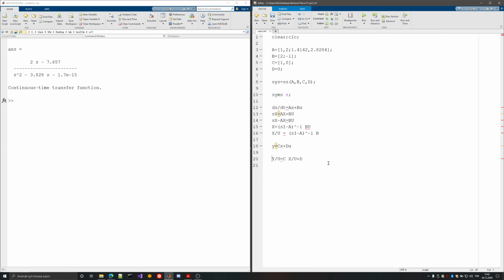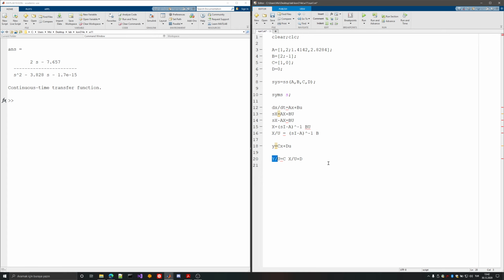This will be my equation because I've divided by u and I've taken the Laplace transform. Since there's nothing dynamic, this is a static equation, I can just get the capital representations, and this will be the Laplace version.